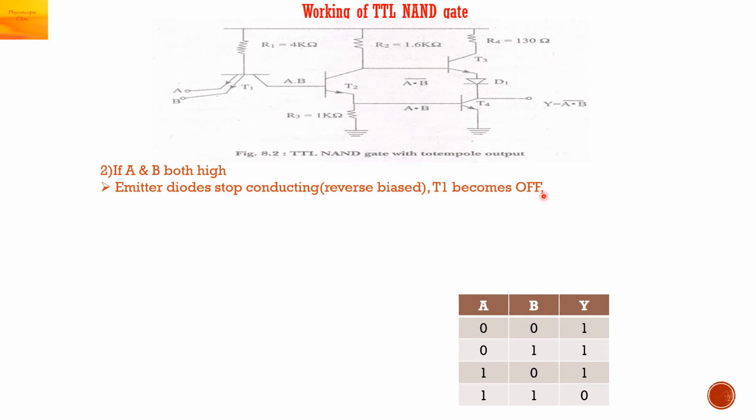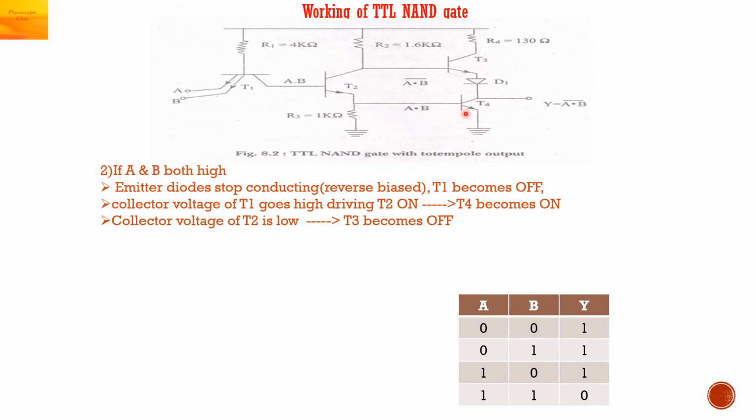When T1 is off, the collector voltage of T1 goes high, and this will switch on T2. When T2 is on, T4 will also become on, and hence the collector voltage of T4 will go low and the output Y will go low.